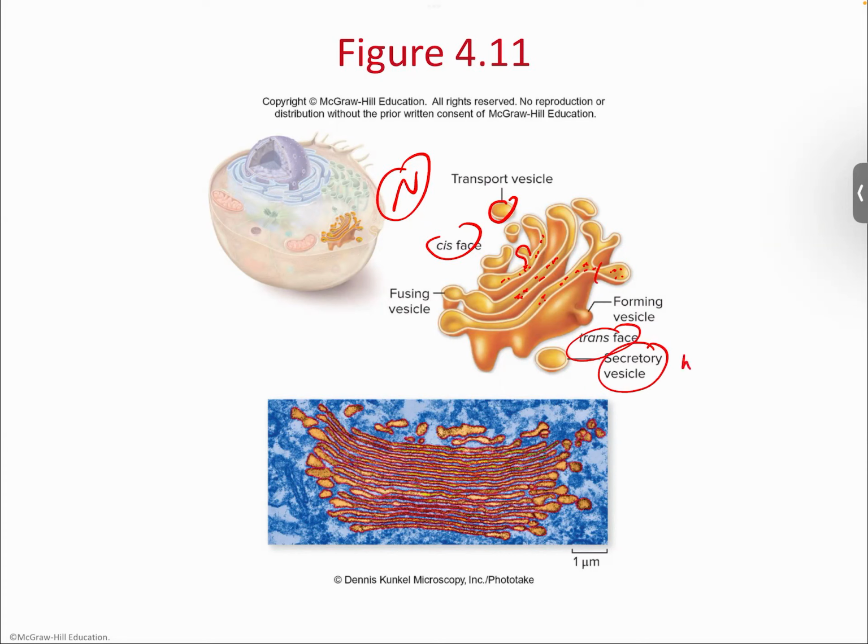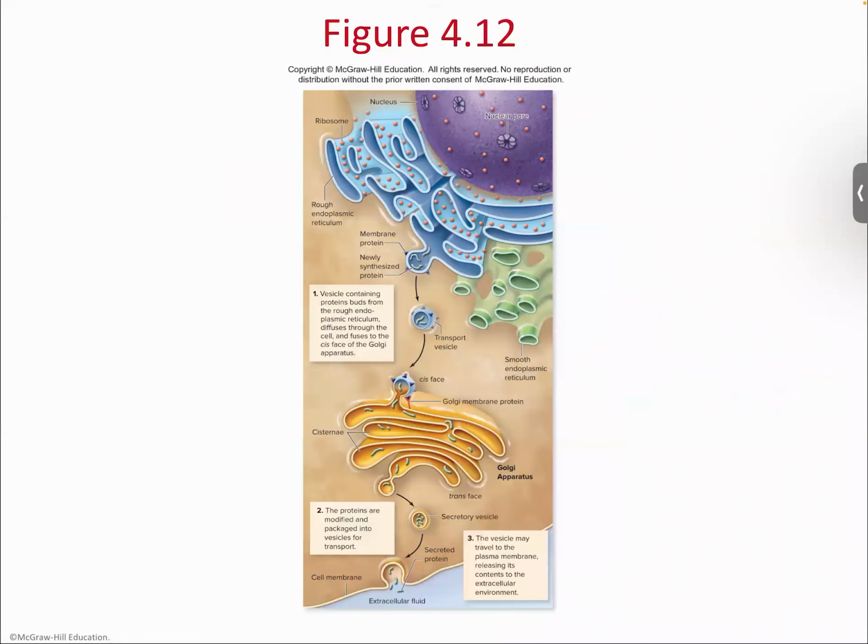This is the membrane bubble that houses the final finished protein, ready to be released. This is what it looks like: here's your cis face and here's your trans face. It's like a receiving dock on the cis face and a shipping dock on the trans face. This will be making modifications to those proteins in what is the secretory pathway.